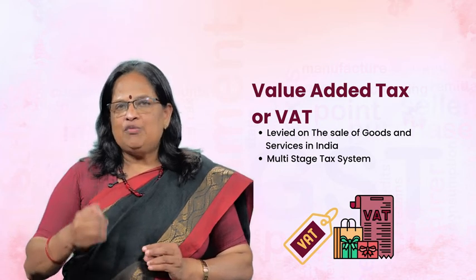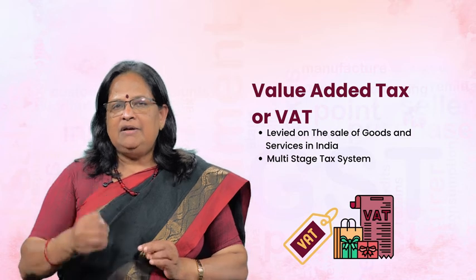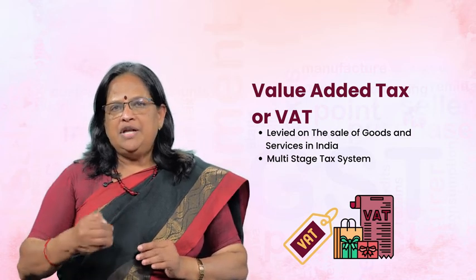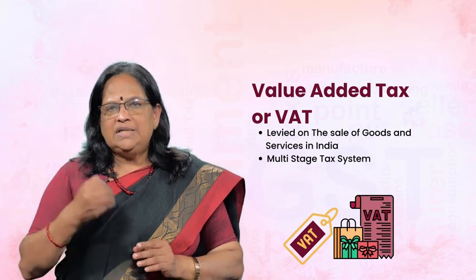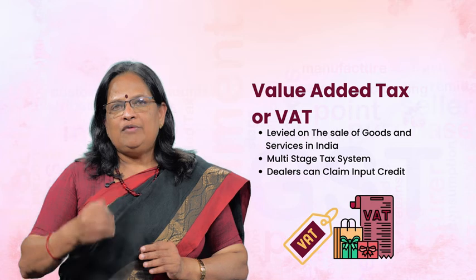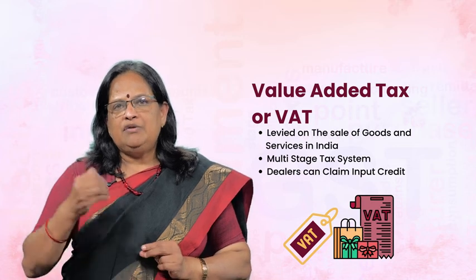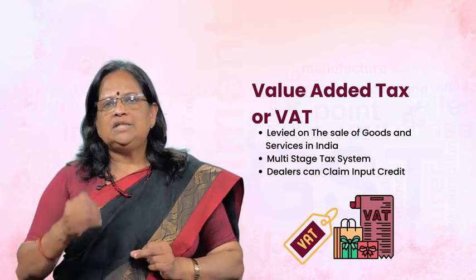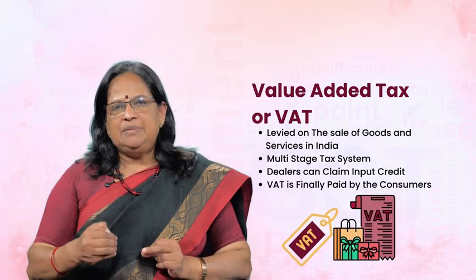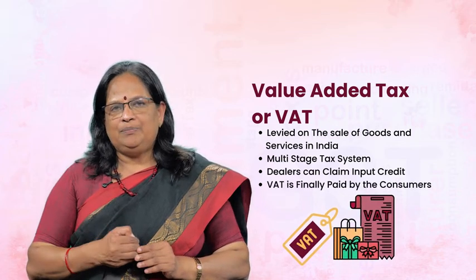Value added tax or VAT is an indirect tax levied on the value added at each stage of production and distribution of goods. It is a multi-stage tax collected at every point where value is added to a product from manufacturers to wholesalers to retailers. The tax burden is ultimately borne by the final consumer.